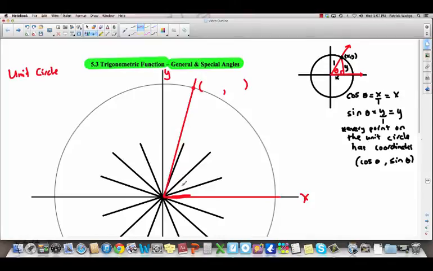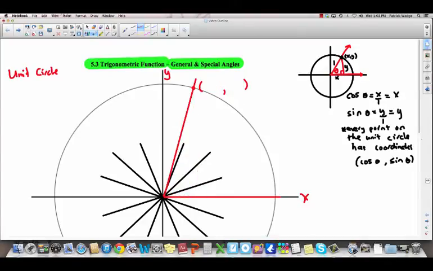Well, the amazing and kind of weird thing about that is whatever that amount that you moved over here, it's exactly equal to the cosine of this angle right here, cos theta. How much you moved up, the y value, is exactly the same as the sine value of this angle right here, if you were to draw the triangle and everything. Okay, that's what's happening here with the unit circle.